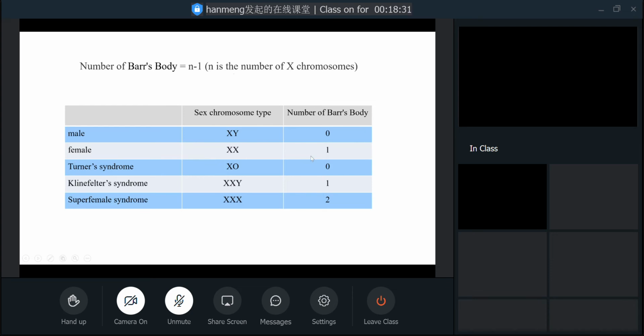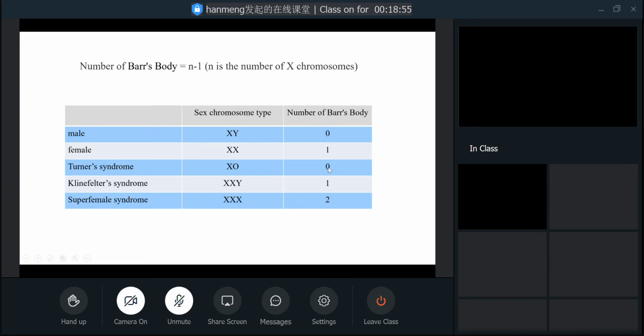In the female, there is 1 Barr body. In Klinefelter syndrome, because he has 2 X chromosomes, he has 1 Barr body.